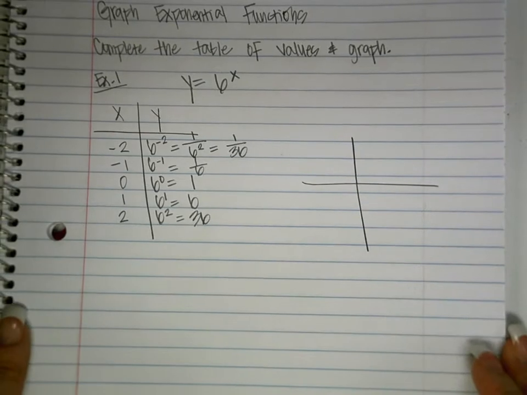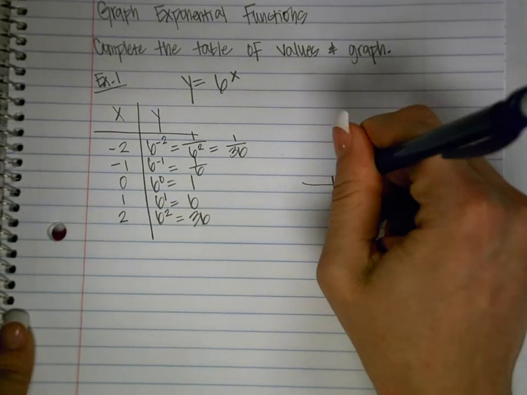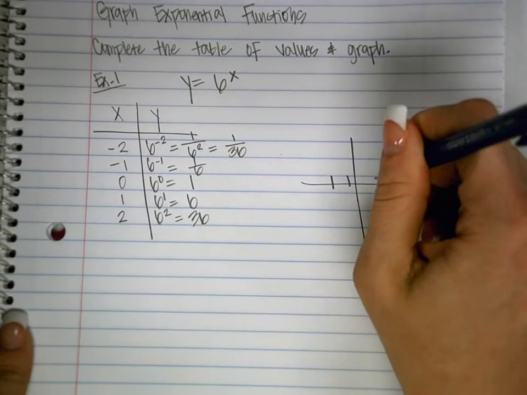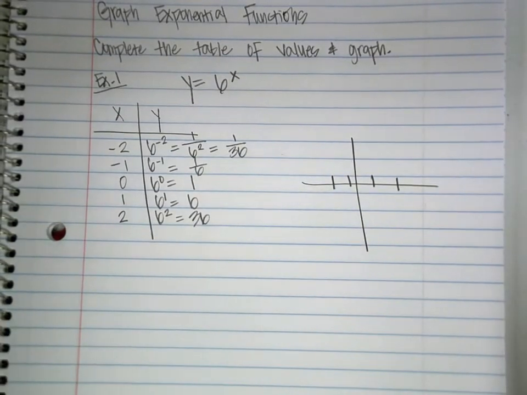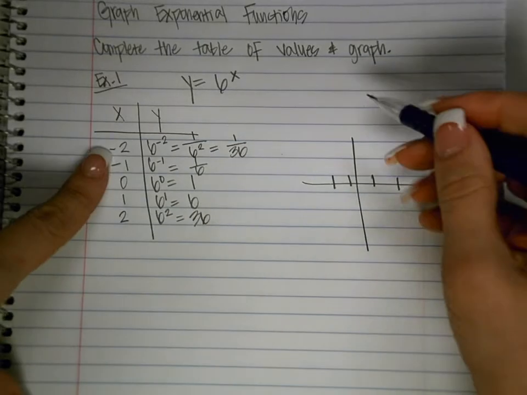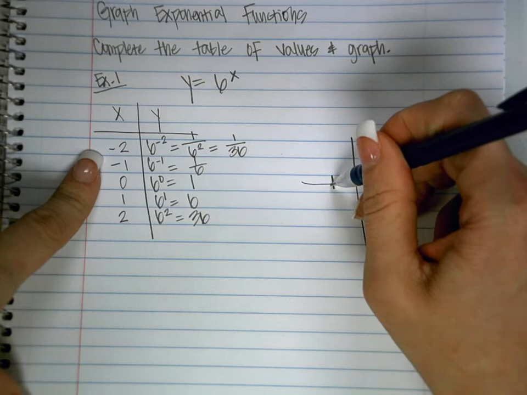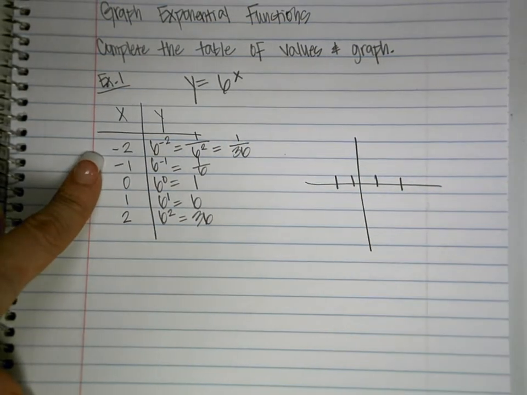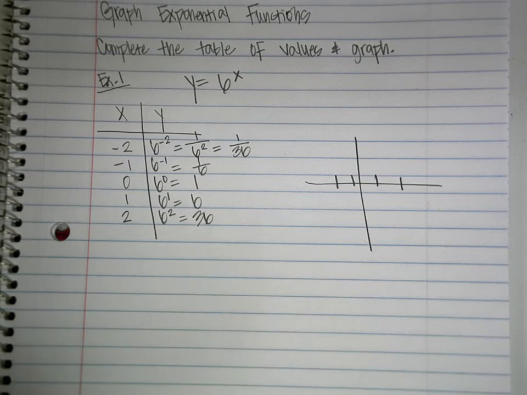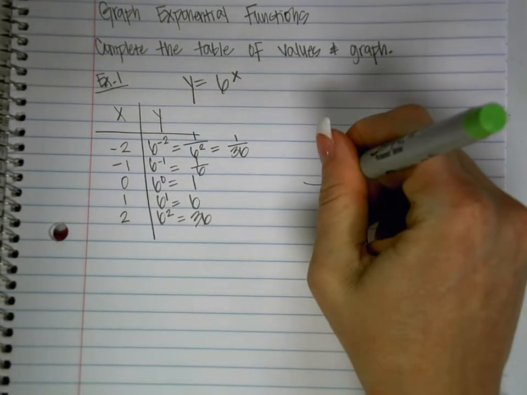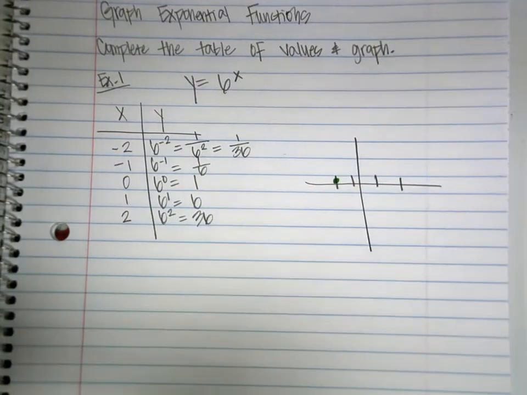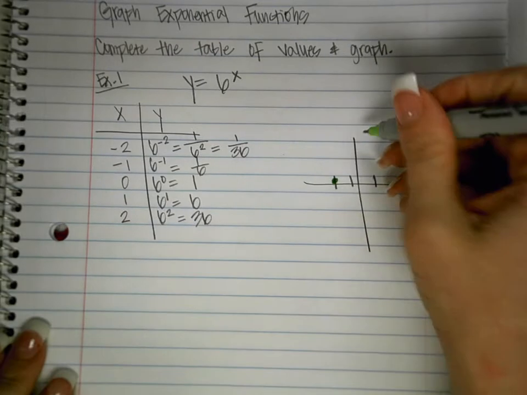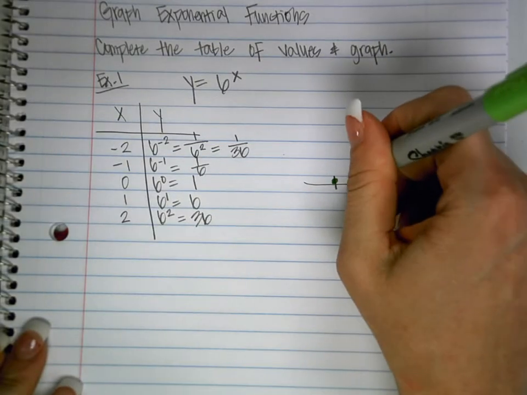Now I want you to graph this. It does not have to be perfect. Okay, we're just going to do the best we can. So if I graphed -2, that's over 2, up 1 over 36. So we're kind of going to be guessing at where that is, but it's going to be pretty close to this x-axis. If you plug in -1, -1 up 1/6.